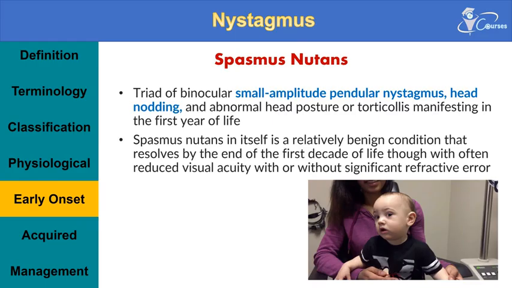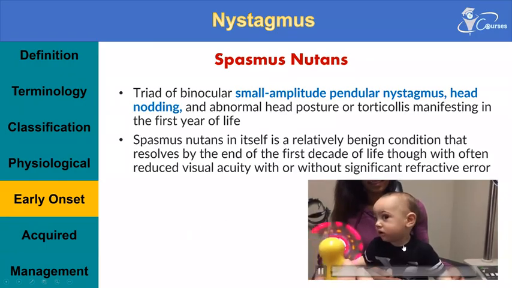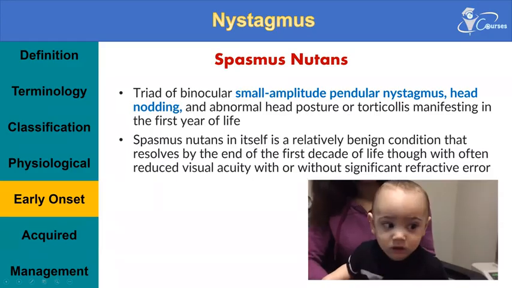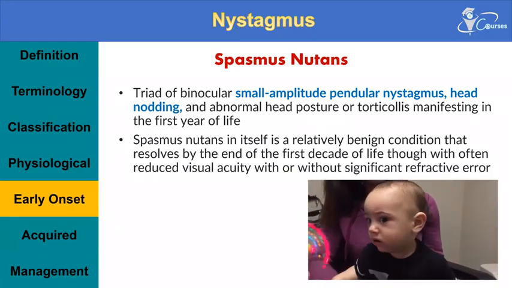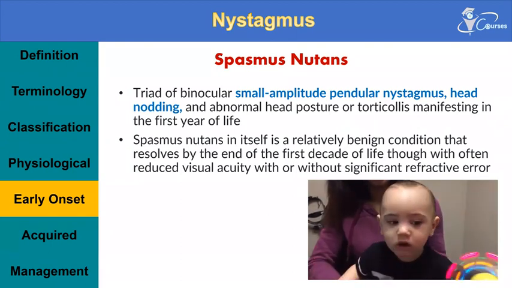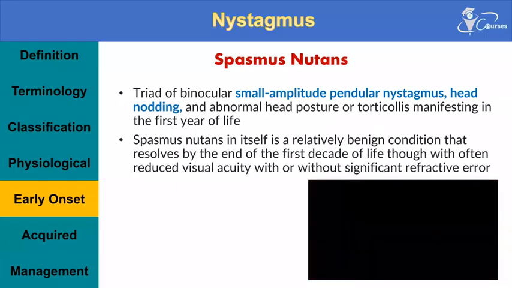Head nodding and abnormal head posture present in the first year of life. Let's see this video. So this is a child, showing head nodding. So again, spasmus nutans is a high frequency, low amplitude pendular nystagmus associated with head nodding.